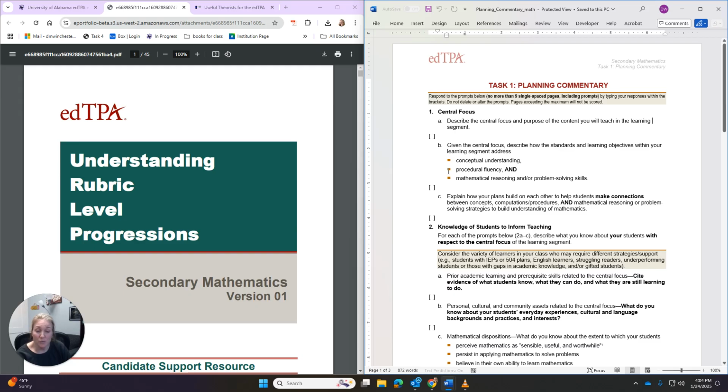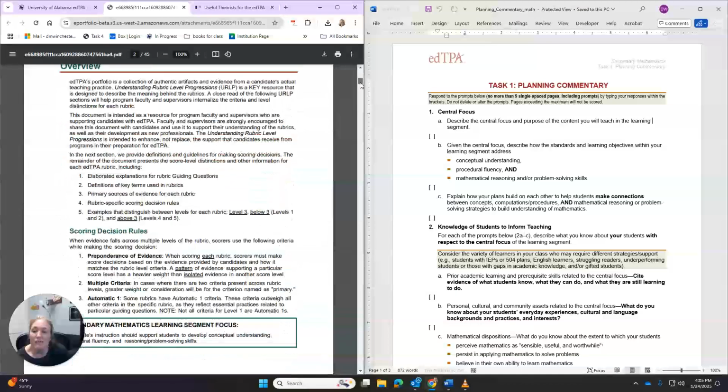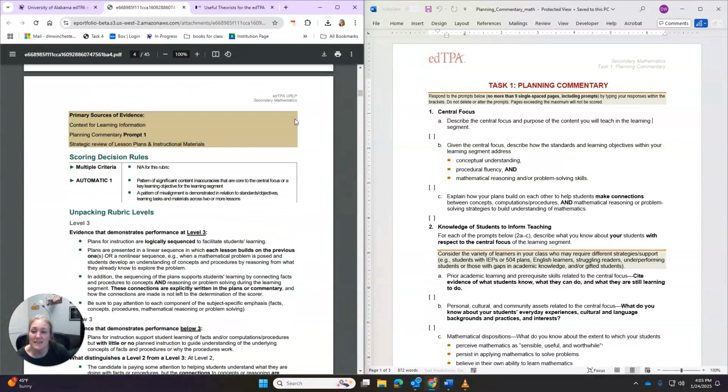So the first thing you're going to want to do is look at the understanding rubric level progression and remember back to the workshop when we went through it and we were paying very close attention to these tan colored rectangles here. Remember, that is where the scorer is going to look for the primary evidence.